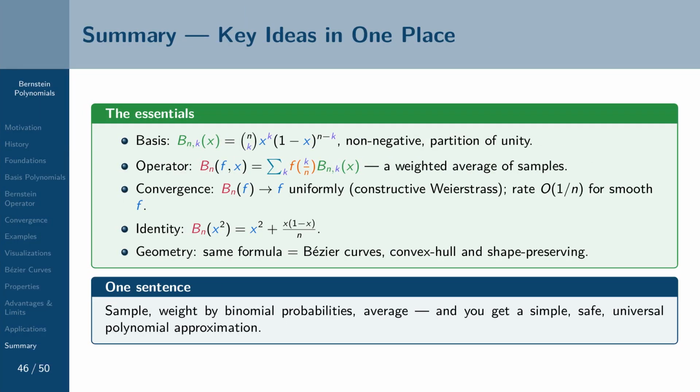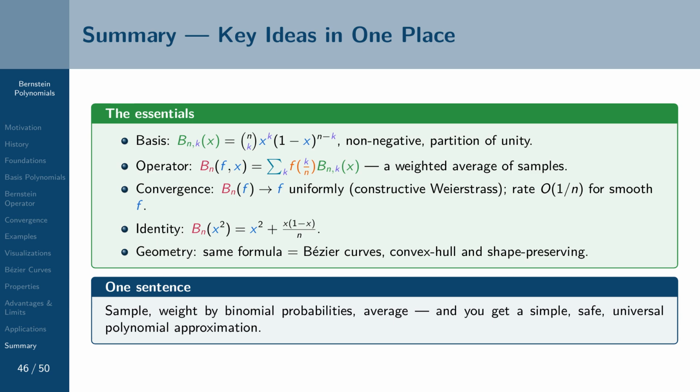Let us gather the essentials. The basis, b_{n,k}(x) equals n choose k times x to the power k times (1 minus x) to the power n minus k, non-negative and a partition of unity. The operator B_n(f) at x is a weighted average of the samples f(k/n).